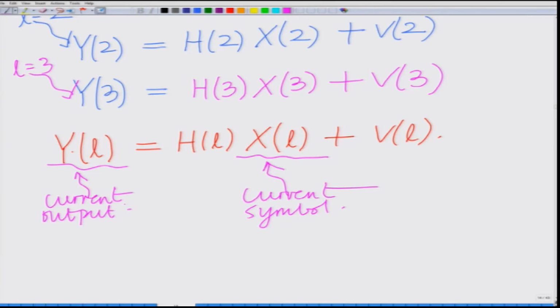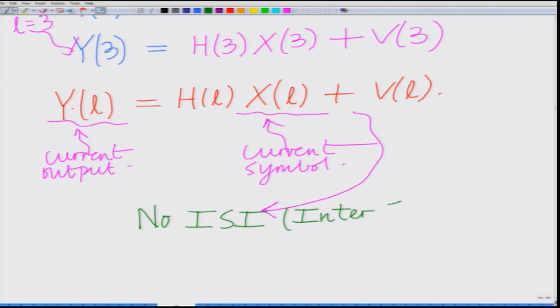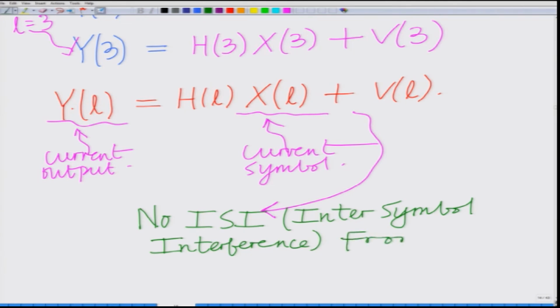And therefore, there is no inter-symbol interference, no ISI, from the previous symbol on each subcarrier.